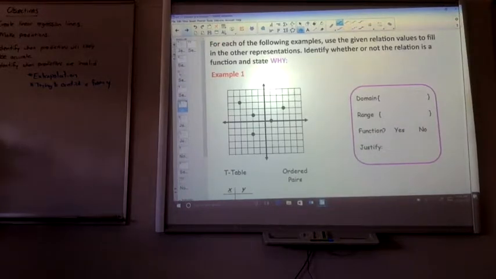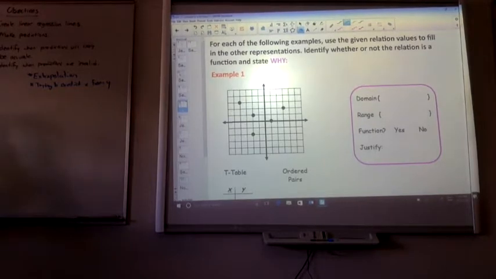All right. So for each of the following examples, use the given relation's values to fill in the other representations and identify whether or not the relation is a function and state why. So the best thing to do is we're going to take a look at all of our points. So maybe I just come up here.